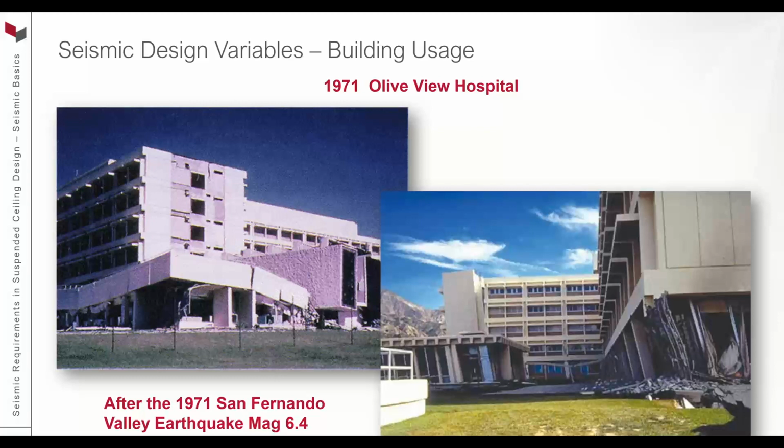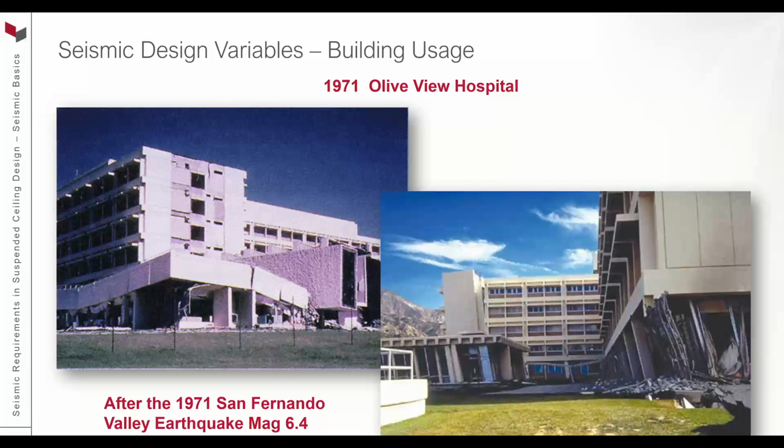And so when the earthquake happened in 1971 in San Fernando, we can see the outcome of that. It was devastating. The building had no significant value once the event was over. Everything, the supporting structure was pretty much gone, and the building was a loss. So the seismic community got together and said, we need to design better.